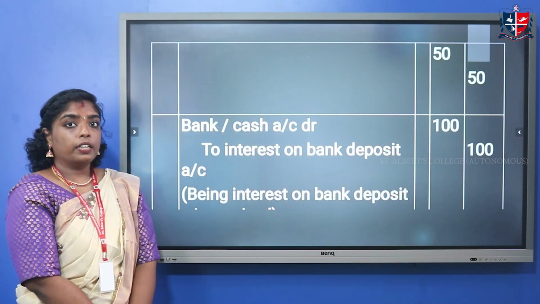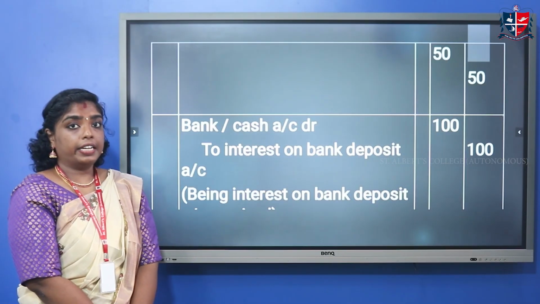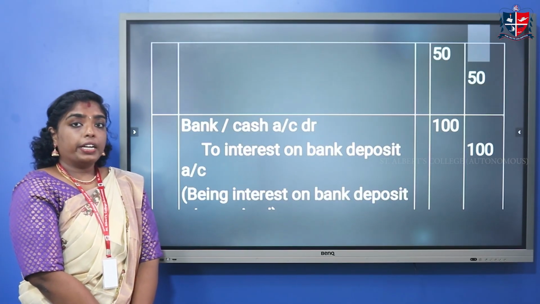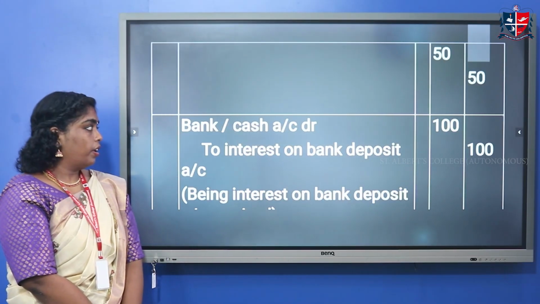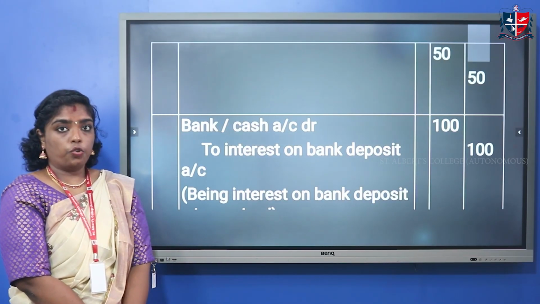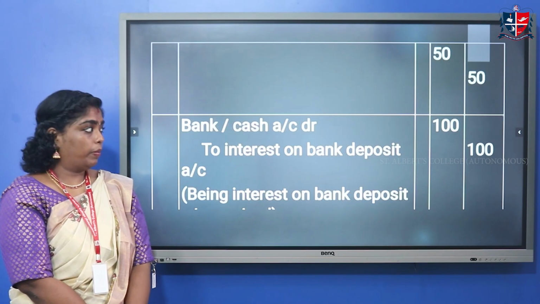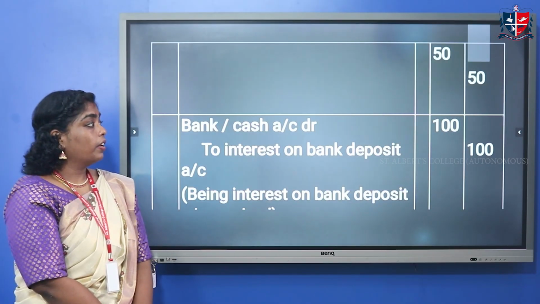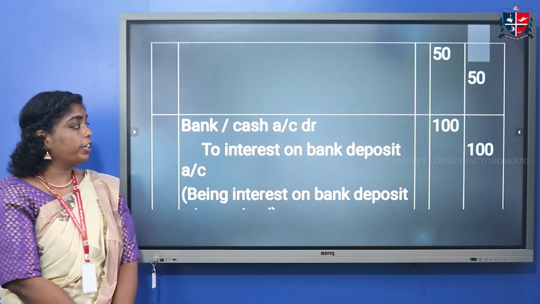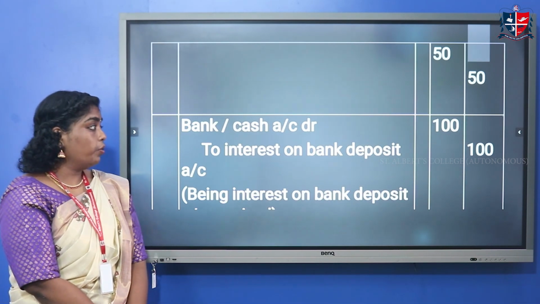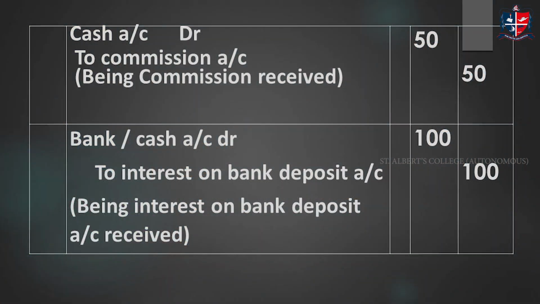Bank interest receiving is an income aspect, and income aspects should be credited. And the amount of bank account will also be increased to that much. That is, here the amount is rupees 100. So it will be bank account debtor to interest on bank account rupees 100.